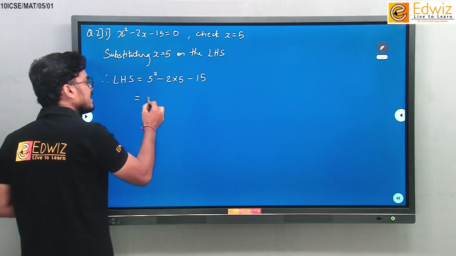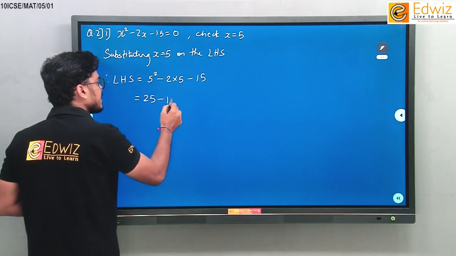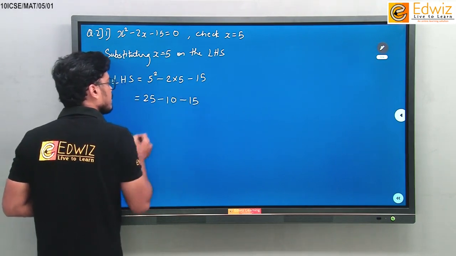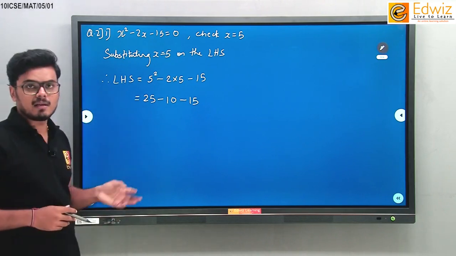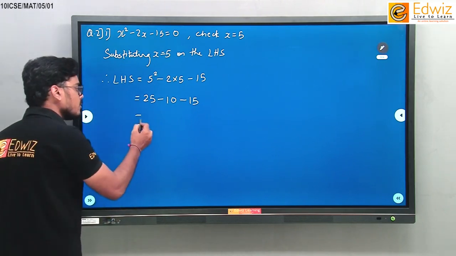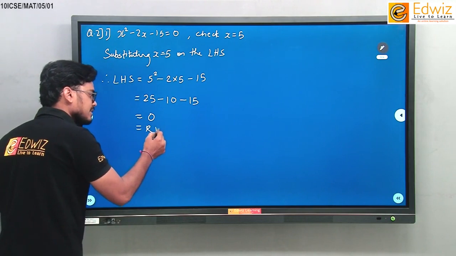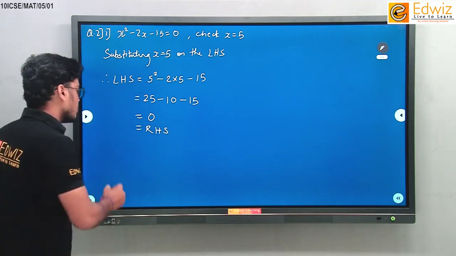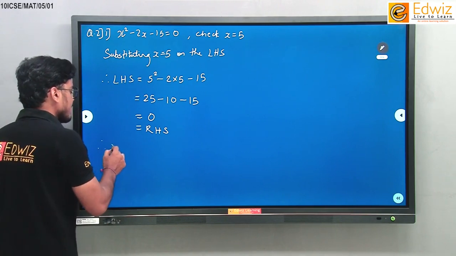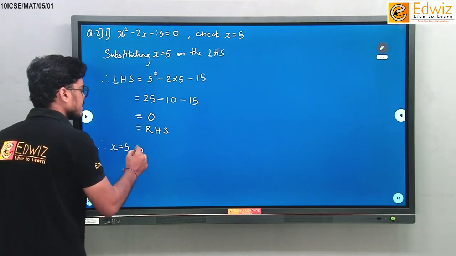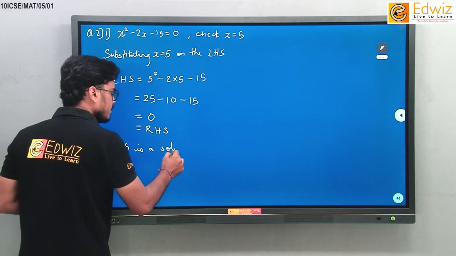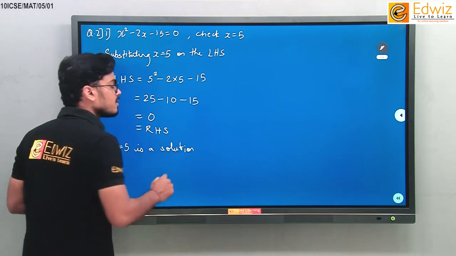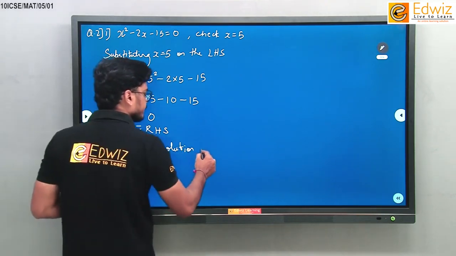Let's see, 25 minus 10 minus 15. Now 25 minus 10 is 15, 15 minus 15 is 0. That means it is satisfying the equation, which makes it a solution of this equation, correct? So therefore x equal to 5 is a solution, or you can use the word root of this equation.